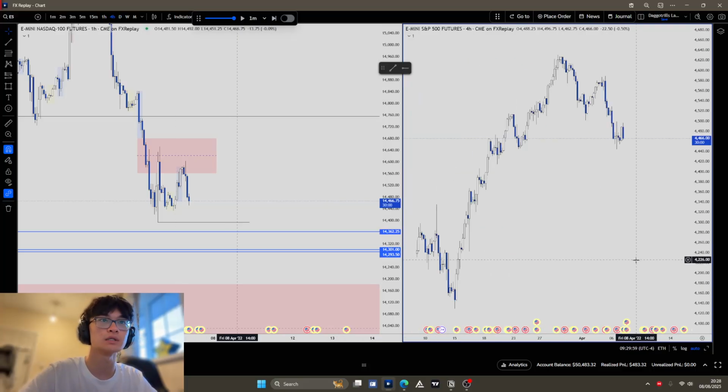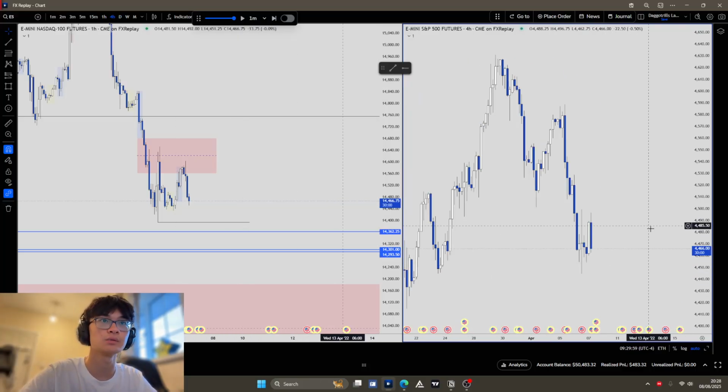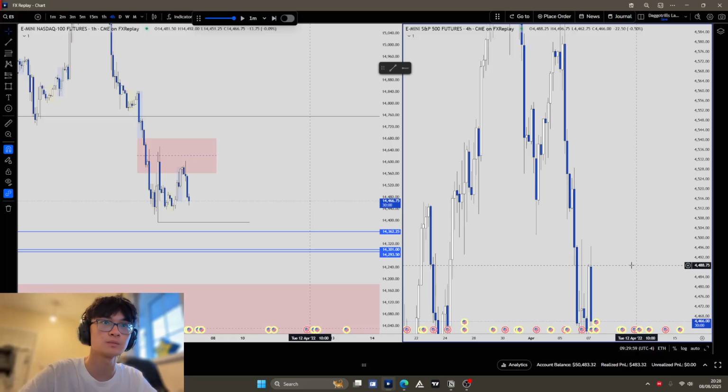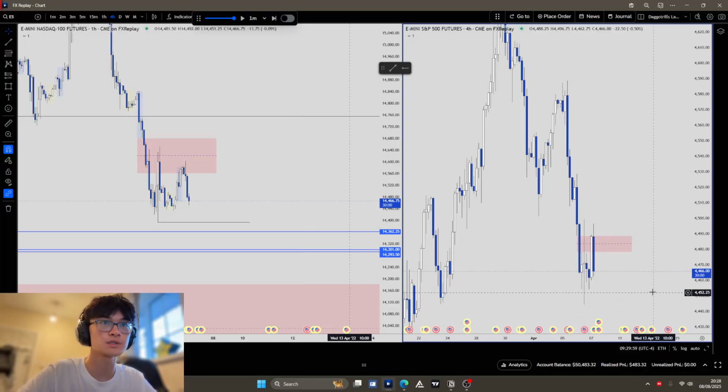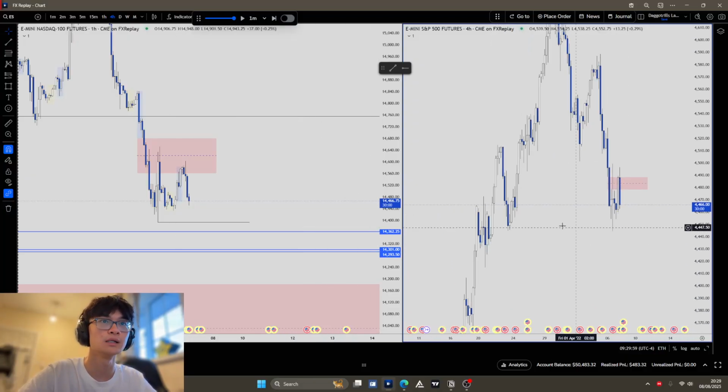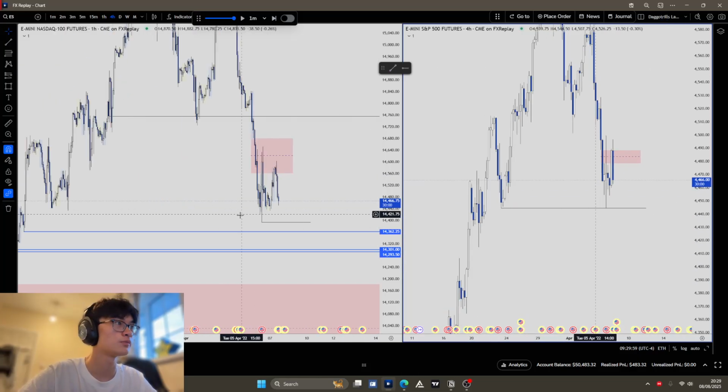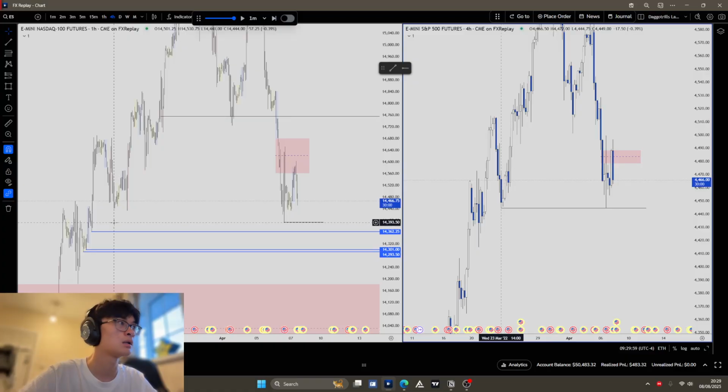Let's take a look at ES. Same thing, we're kind of respecting that value gap, looking at the bodies. Equal lows. Yep, equal lows. Really nice. That low has already been taken out though.